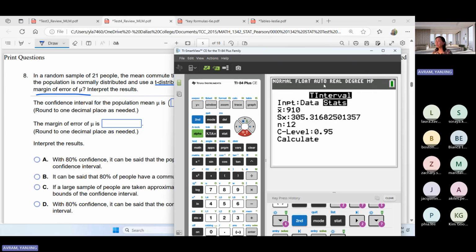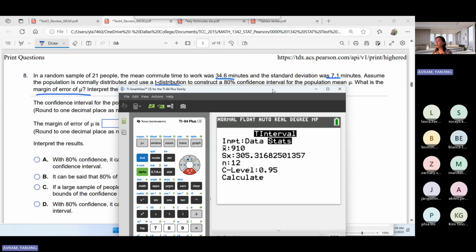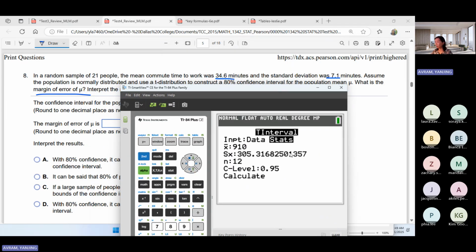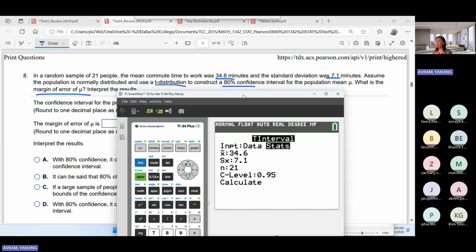Then we enter the x bar, which is 34.6, and the standard deviation is 7.1. And n here is 21, right? The confidence level here is 80%, which we have to convert into a decimal, 0.8. Then we just hit calculate.